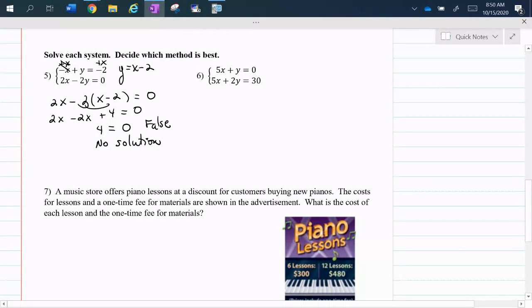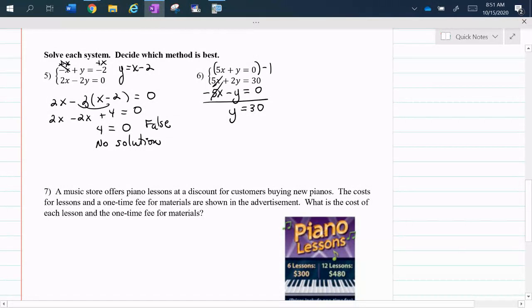So the next one, I think what I'm going to do is some elimination. So I'm going to multiply the first equation by negative 1. So when I do that, notice I get an equation where when I add the two equations together now, the variables go away. So 2y minus y is 1y, and 30 plus 0 is 30.